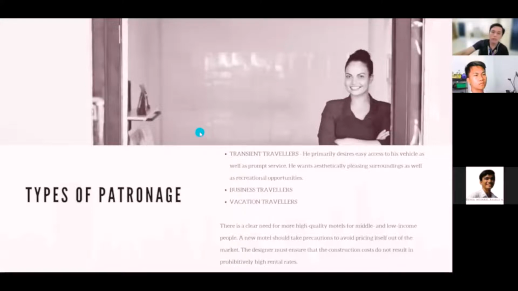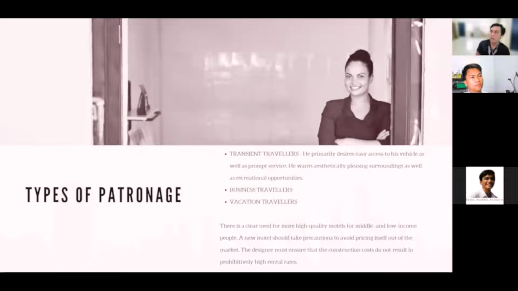So there is a clear need for more high-quality motels for middle and low-income people. A new motel should take precautions to avoid pricing itself out of the market. The designer must ensure that the construction costs do not result in prohibitively high rental rates. So ang market talaga ng motel is those middle to low income people who can't afford pricey lodging for the night.